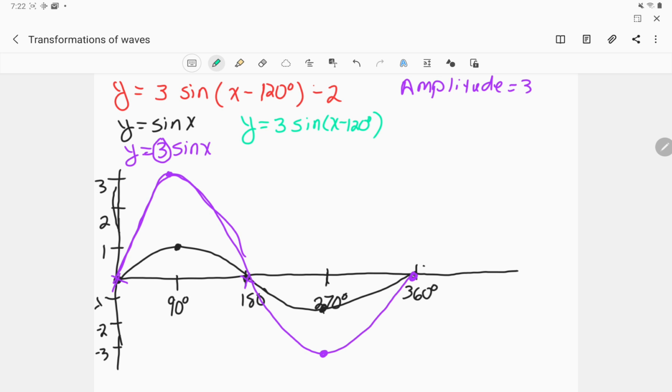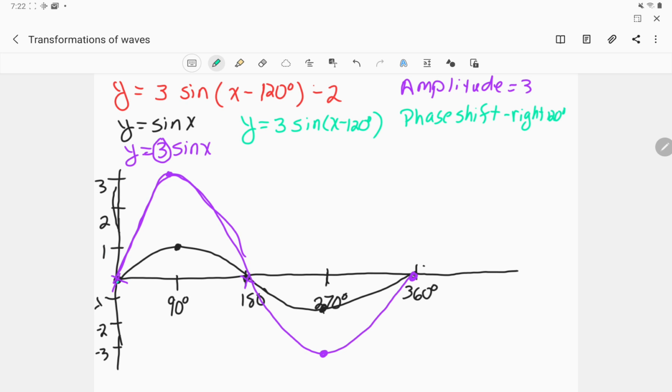That minus 120 is a phase shift, and that phase shift, the minus, is going to move it right 120 degrees. If you've done this on graph paper like you should be, and each square is worth 30, then you're actually going to move everything over 4 squares, because 30 goes into 120 4 times.